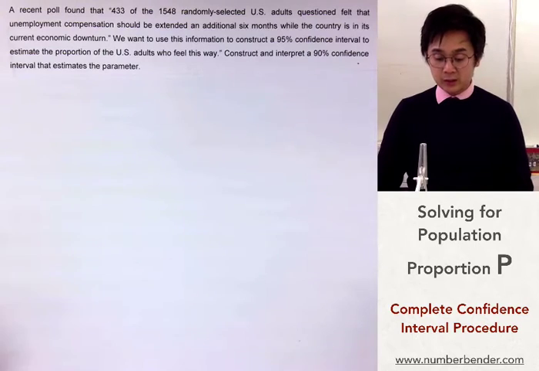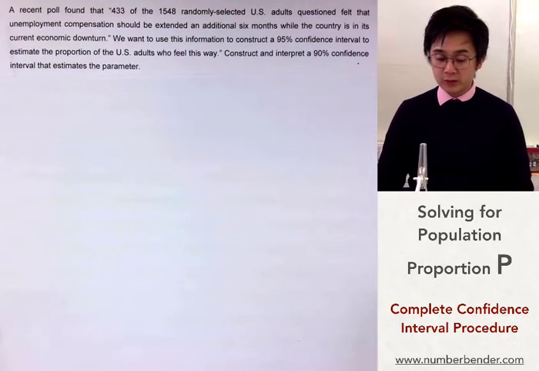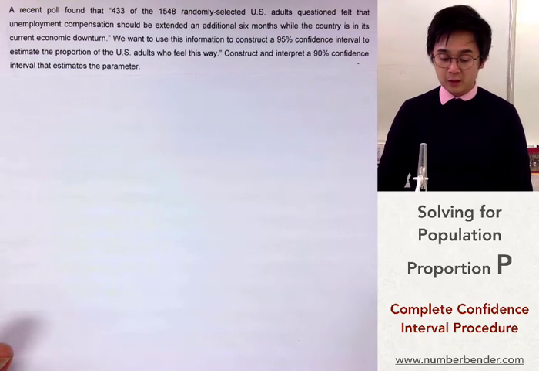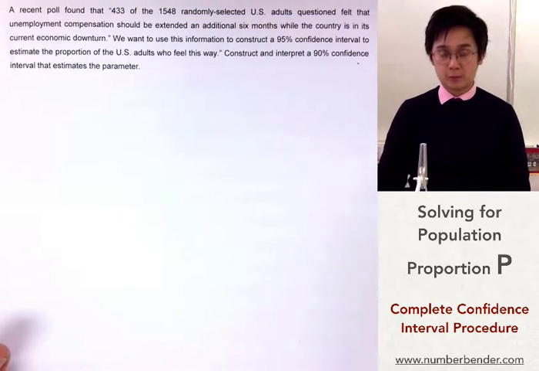In this particular confidence interval problem, we are supposed to use 433 of the 1,548 randomly selected U.S. adults who were questioned, who felt that unemployment compensation should be extended an additional 6 months while the country is in its economic downturn. We want to use the information to construct a 95% confidence interval given the sample that we have.